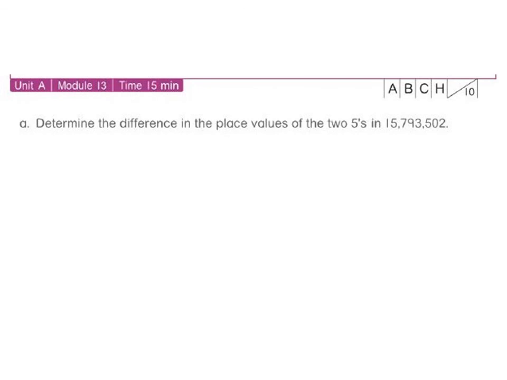Now as you can see, there are two fives in the number, and the question is asking you to find the difference between the place values of these two fives. Try to solve it by yourself, and the answer will be shown in the next slide. Take 2 minutes. Don't take more than 2 minutes to solve this.